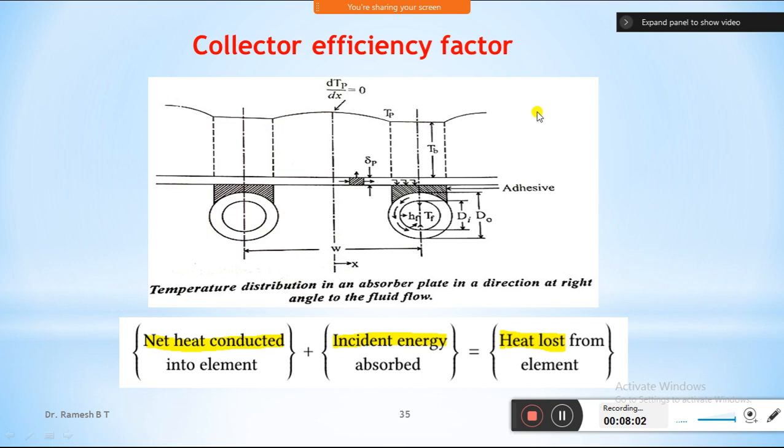And the heat loss from the collector can be calculated if the average plate temperature is known; if you know the average plate temperature, we can easily calculate the collector heat loss.